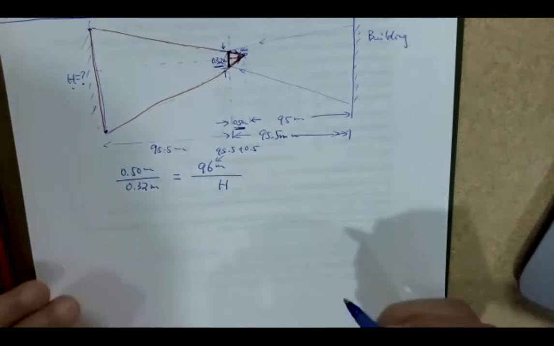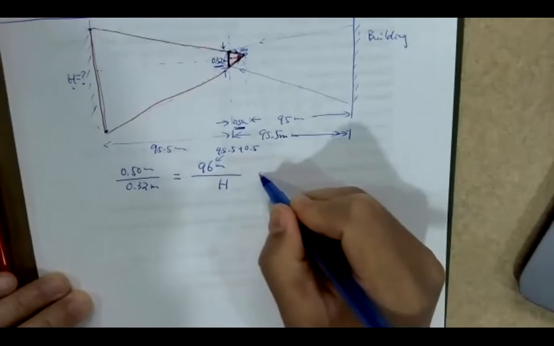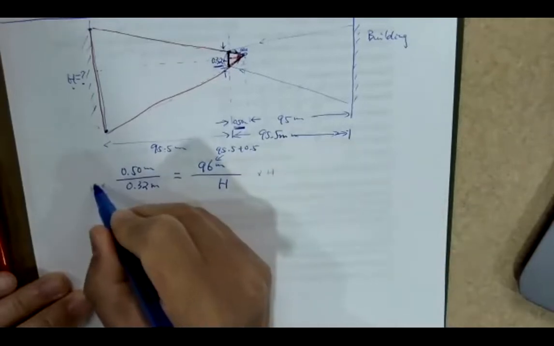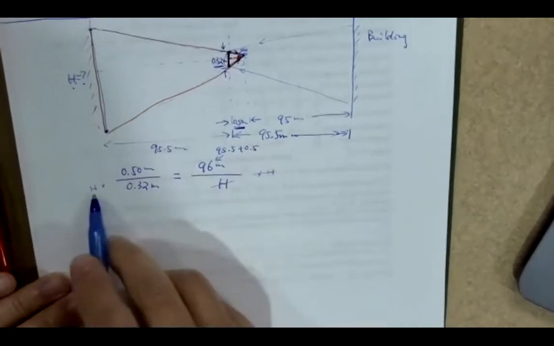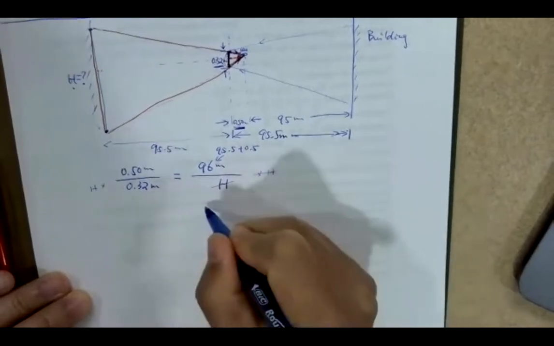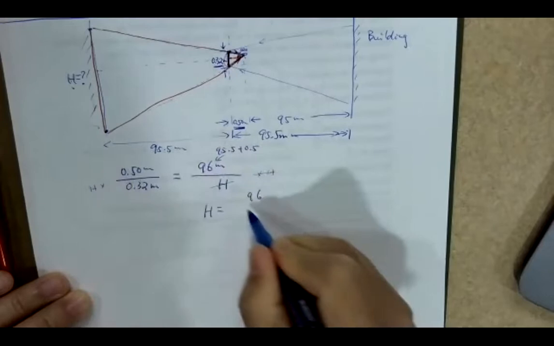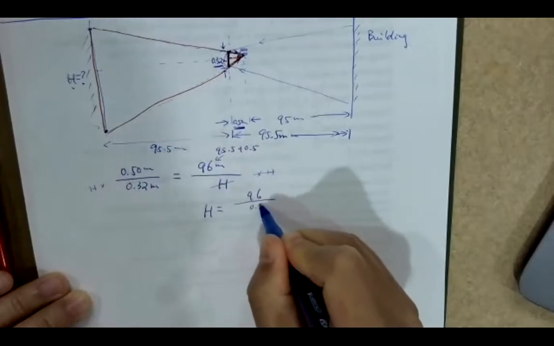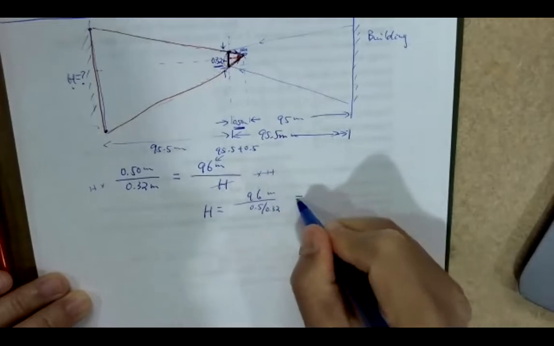All right, so in that case, what you can do is multiply both sides by h, okay? Get rid of h on the right, so then h is on the left, okay? Then in that case, h would be equal to 96 divided by 0.5 over 0.32, okay?